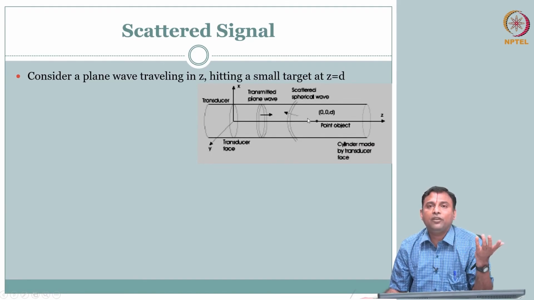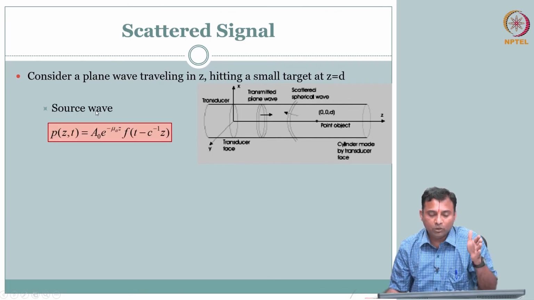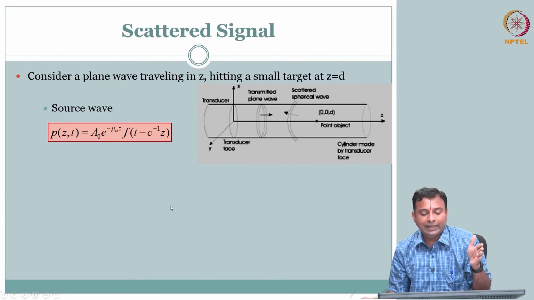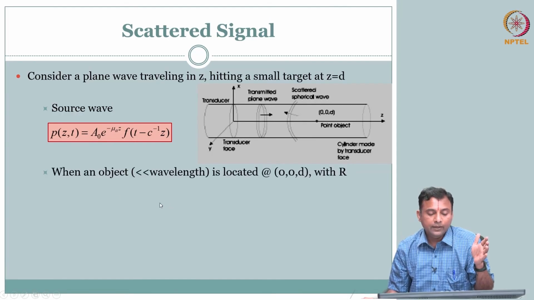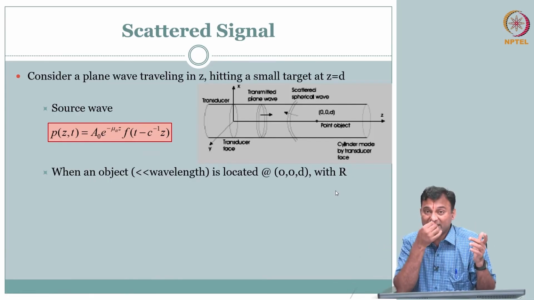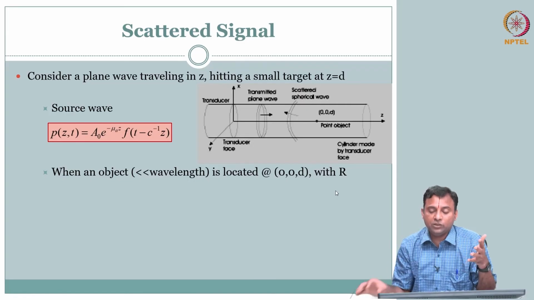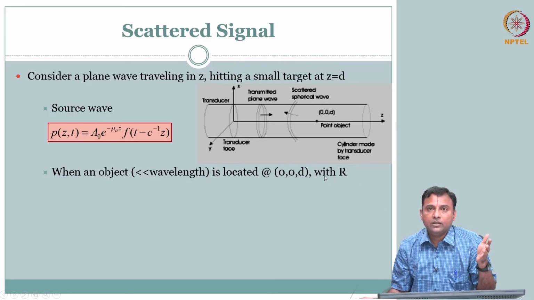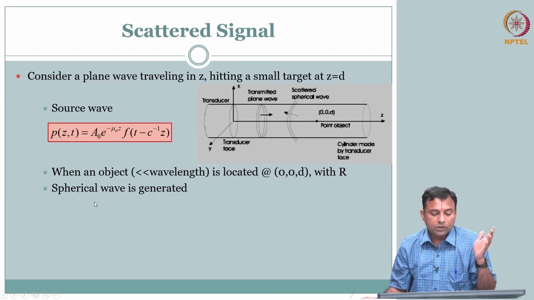In terms of the reflection coefficient R. You can write your source wave, which is your plane wave, as A naught e power minus mu A. This is the one that is coming and hitting. So, when an object much smaller than your wavelength is located at 0, 0, d, with a reflection coefficient R, the impedance mismatch gives rise to a reflection coefficient.